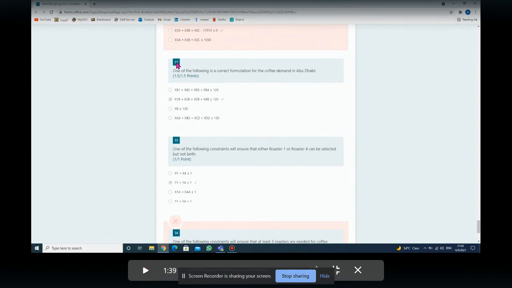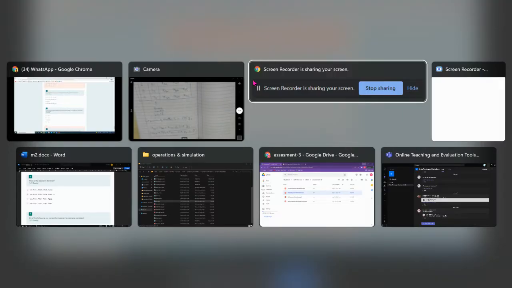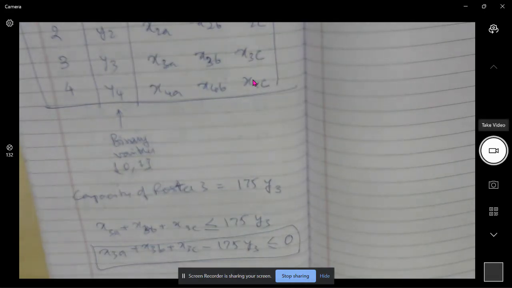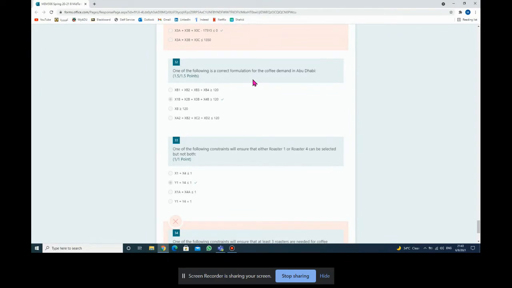Now, question number 32. One of the following is the correct formulation for the coffee demand in Abu Dhabi. So let us see what the coffee demand in Abu Dhabi is. First of all, which city is Abu Dhabi? We need to confirm that.